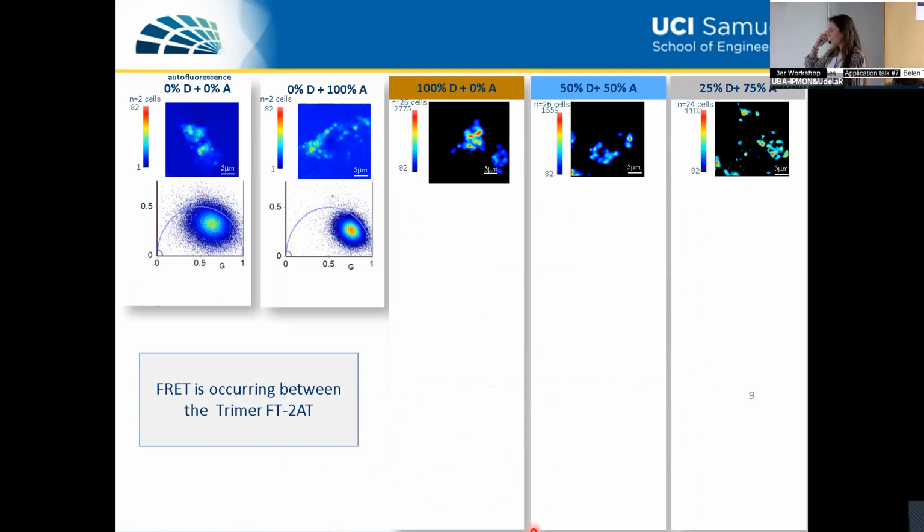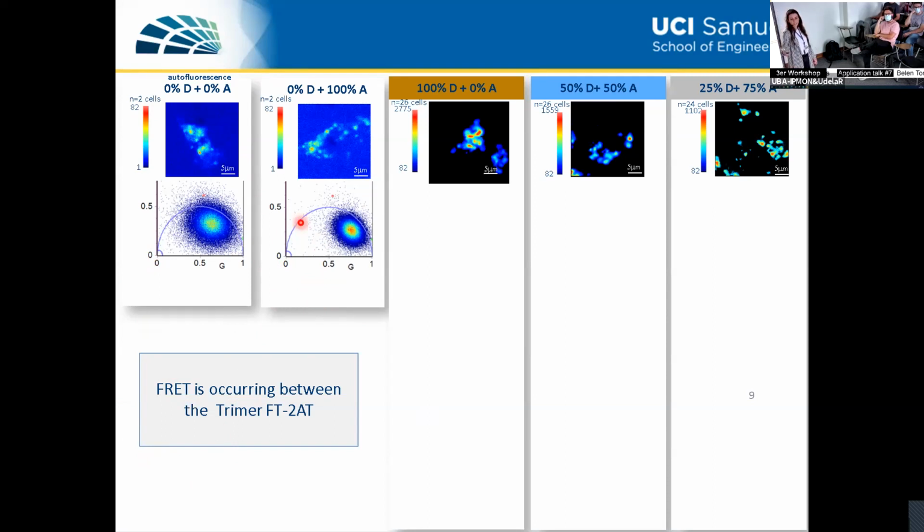And I think I forgot to mention that we measure FLIM in our ISS instrument. And then what we have here in the first part are the controls. So we have just cells with no donor or no acceptor, just the autofluorescence of the cell. And then we have another control where we don't have donor, but we have only acceptor.